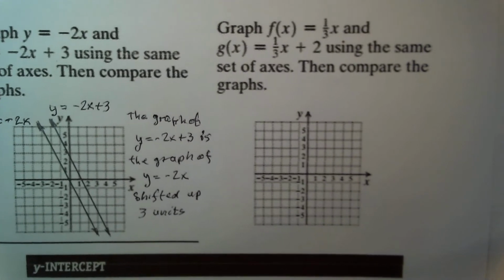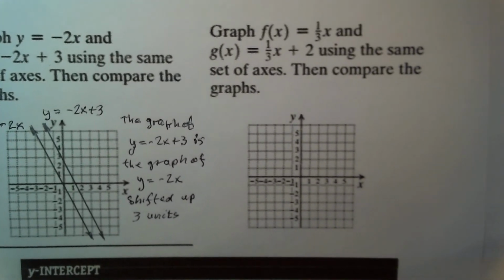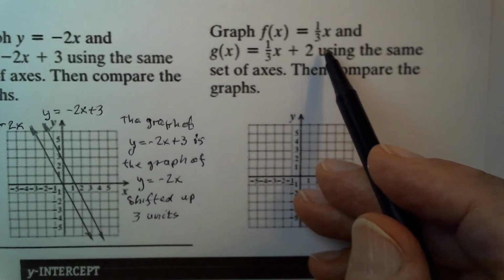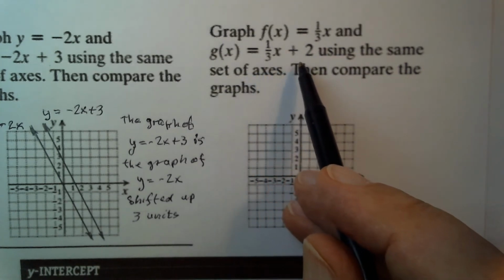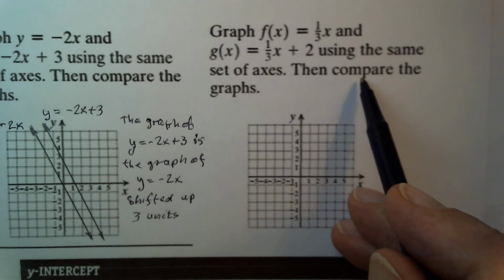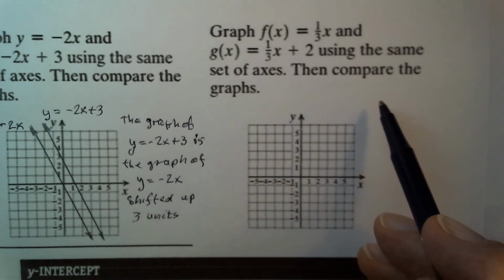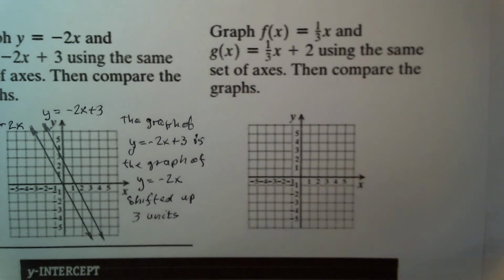And we are asked in the next exercise to graph f of x equals 1/3 x and g of x equals 1/3 x plus 2 using the same set of axes, and then compare the graphs.